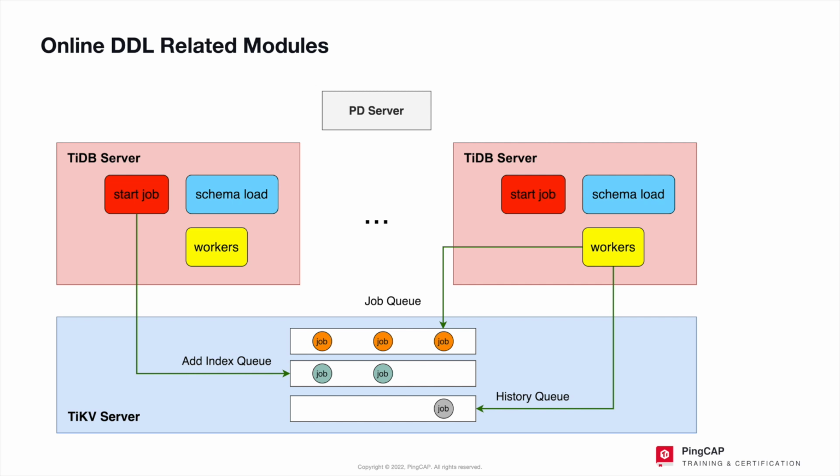First, the entire TiDB database only allows one TiDB server to perform DDL operations at a time. In order for a TiDB server to execute DDL, it must be assigned the owner role. Although every TiDB server has a worker module that can handle DDL operations, it can only do so if assigned the owner role.